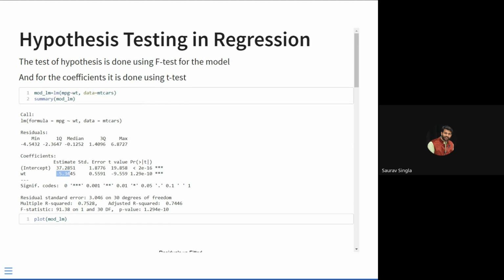In case you minimize the weight, that is your intercept, 37.28.